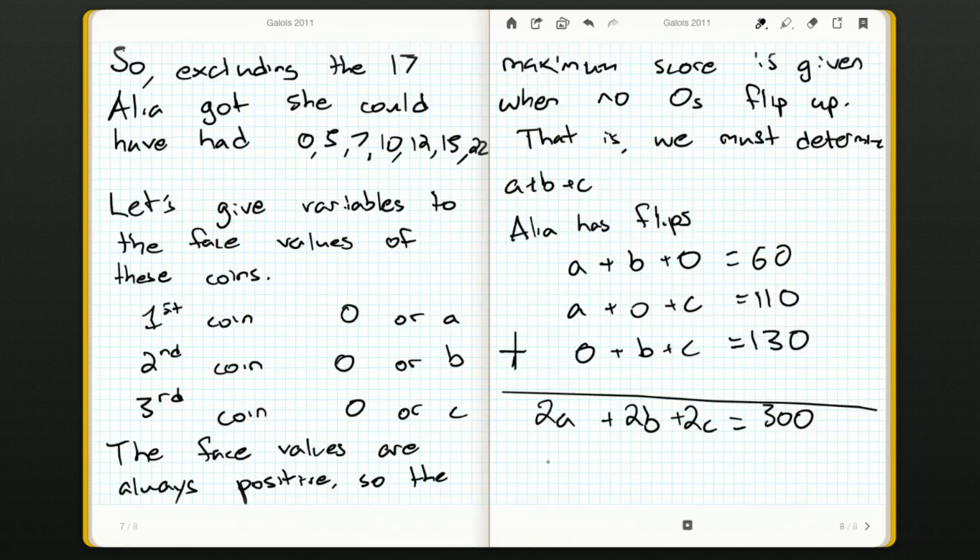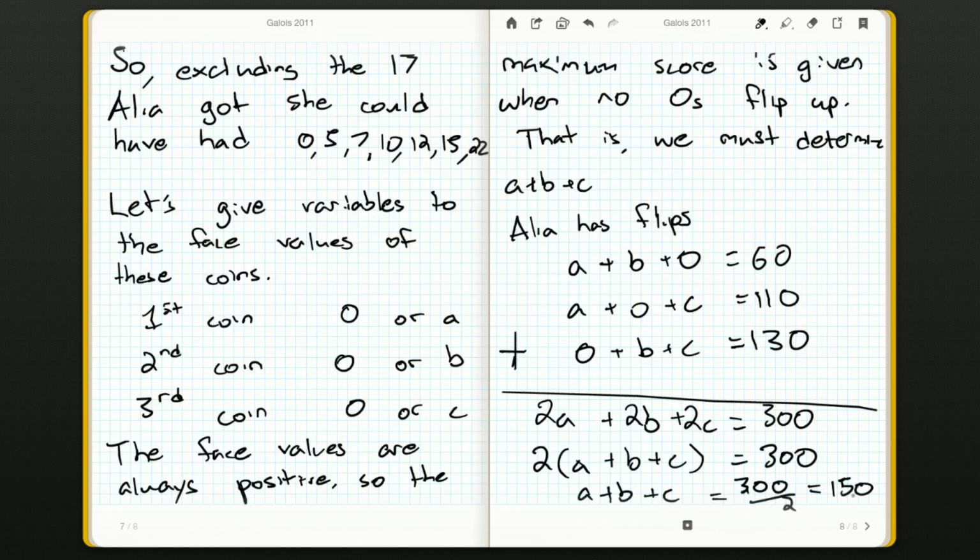But look at this left-hand side. I can take out a factor of 2 here, and I'll have 2 times (A plus B plus C) is 300. Well, A plus B plus C, that's exactly the maximum score that I'm trying to determine. So if I want just A plus B plus C, I need to divide both sides by 2, and I'll get a total answer of 150. Okay?